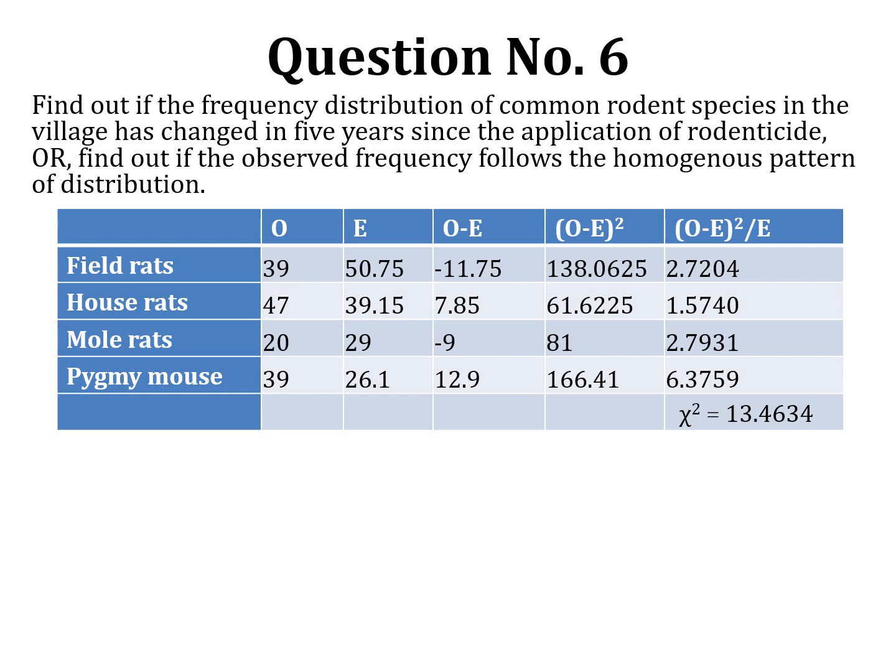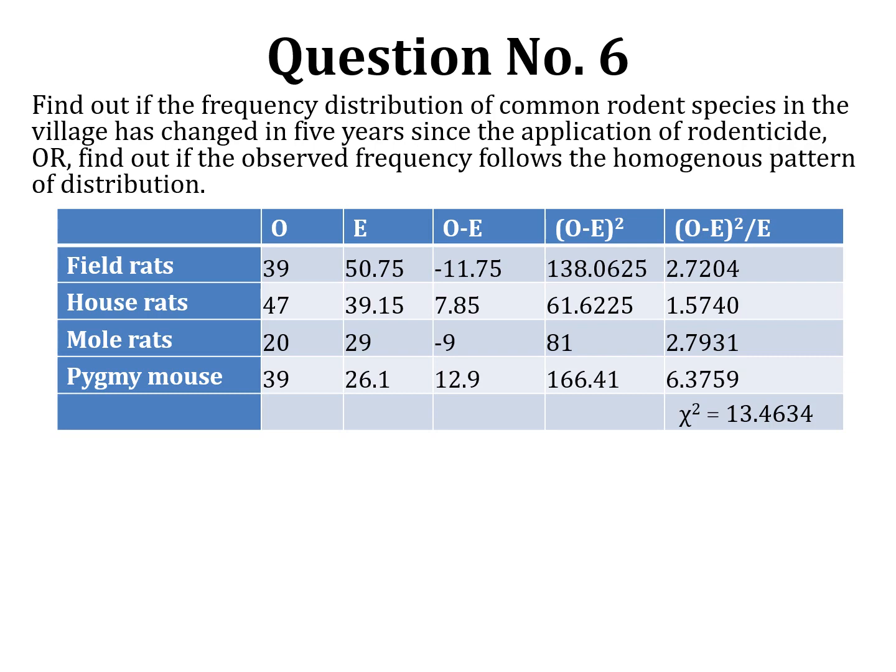Then we have 61.6225, which is the square of 7.85, the difference for house rats. Then we have 81, which is the square of minus 9, the difference for mole rats. Then we have 166.41, which is the square of the difference between observed and expected frequencies of pygmy mouse.